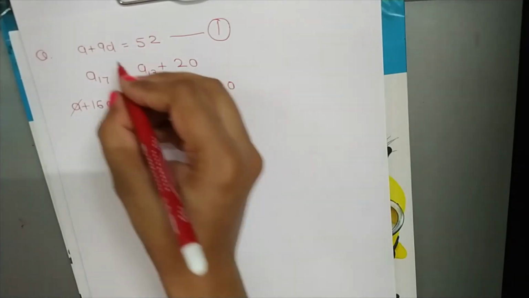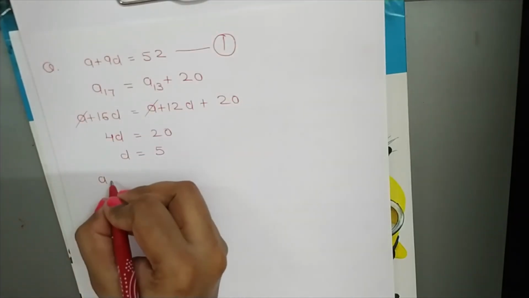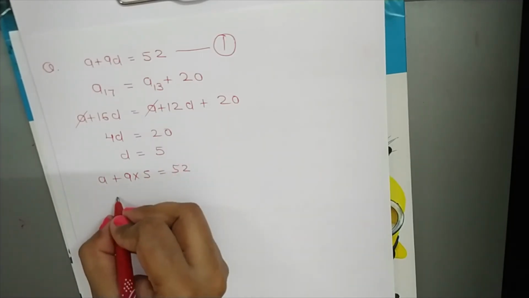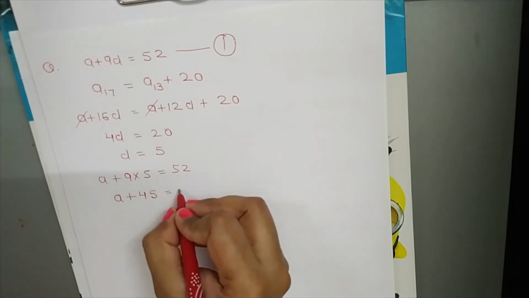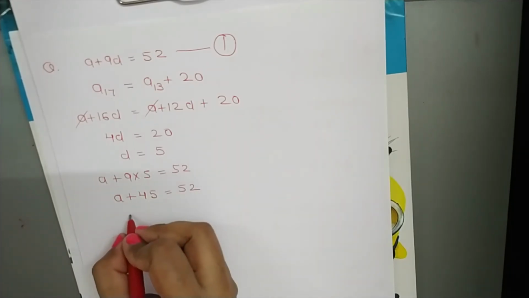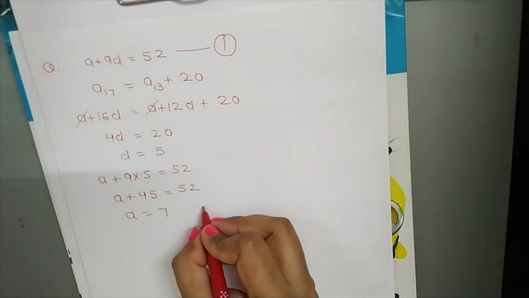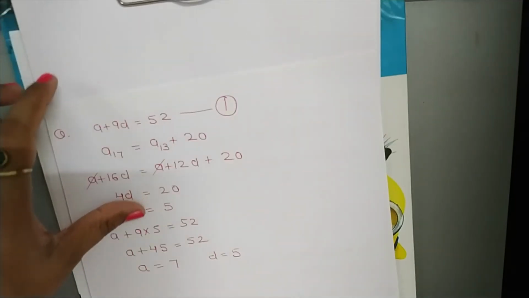Now what is the value of a? a plus 9 into 5 is equal to 52. So a plus 45 is 52, that is a is equal to 7. a is equal to 7 and d is equal to 5. Now we have to find this AP.